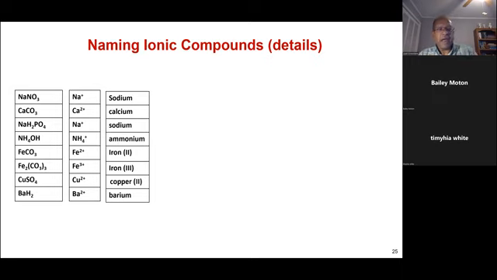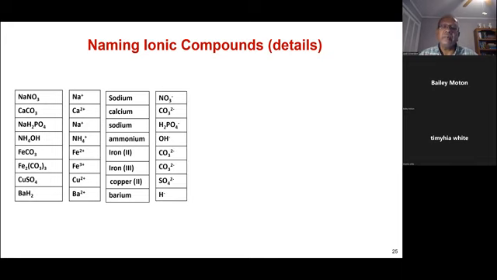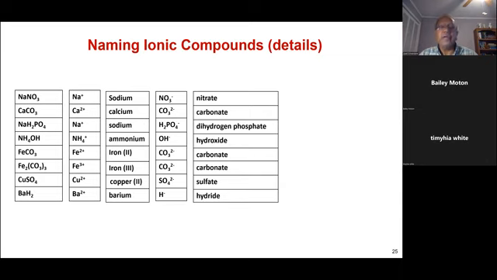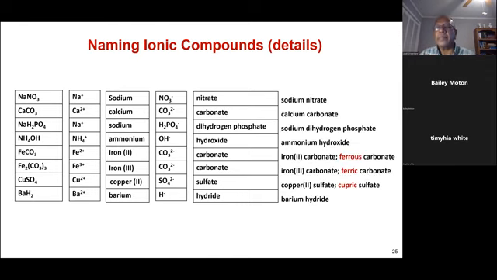Then, looking at the anion, get the anion formula, nitrate, carbonate, and get the anion name. To name the compound, you combine the cation name followed by the anion name: sodium nitrate, calcium carbonate. So we went over how to name.